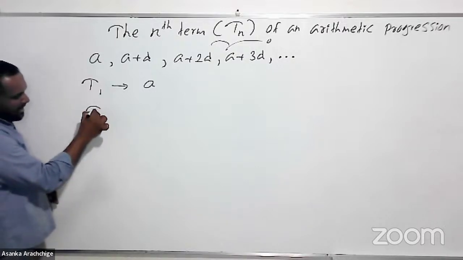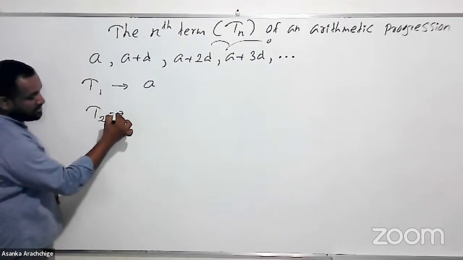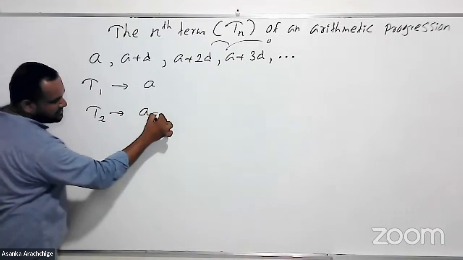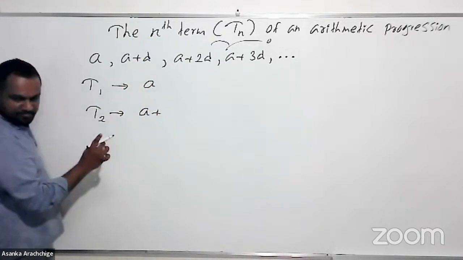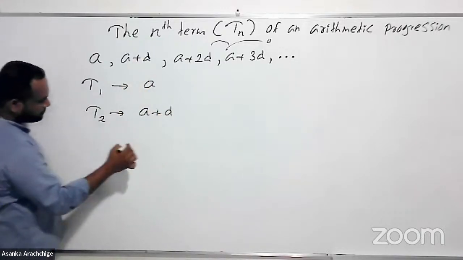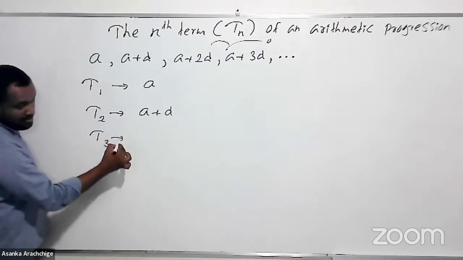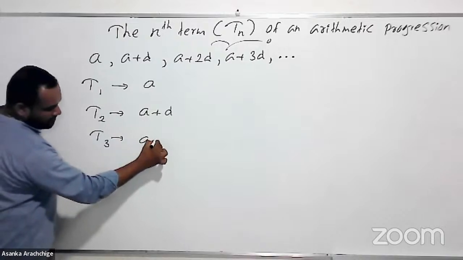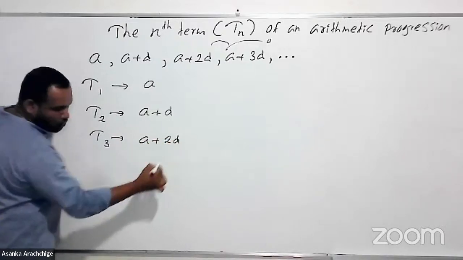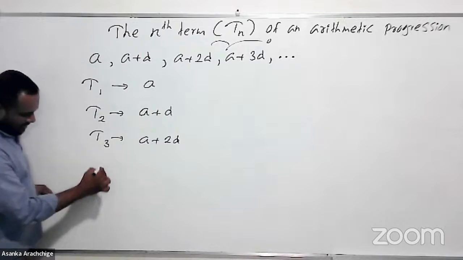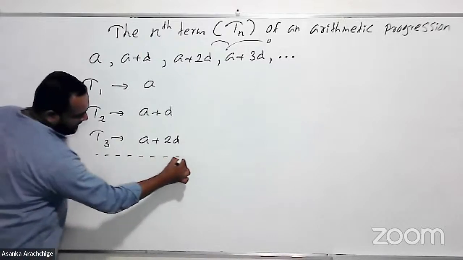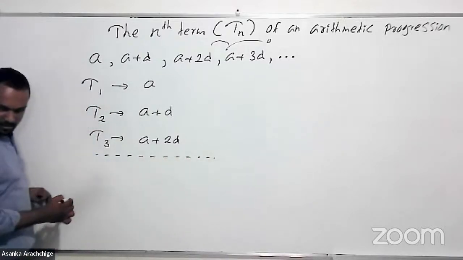Then, by T2, we mean the second term, that is A plus D. By T3, we mean the third term, that is A plus 2D. In this manner, the pattern develops, right?